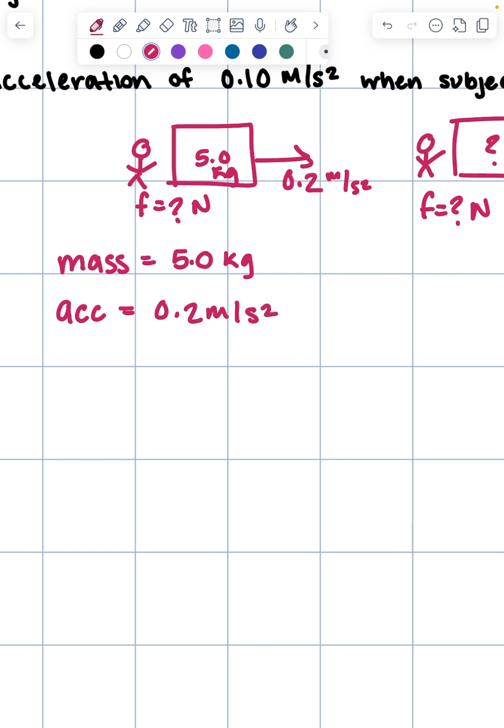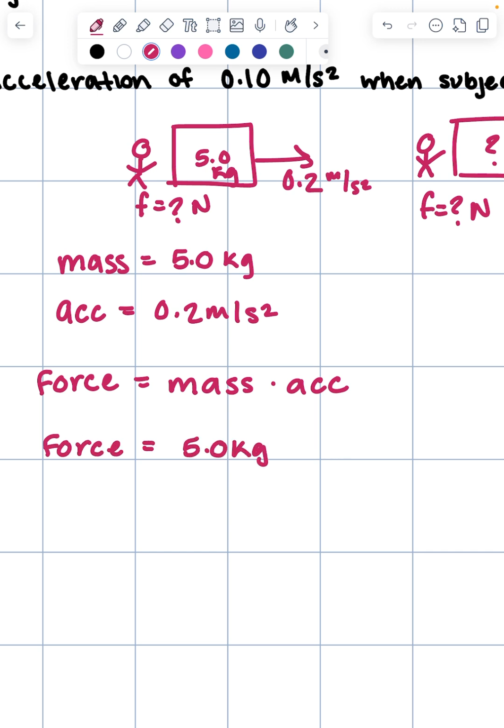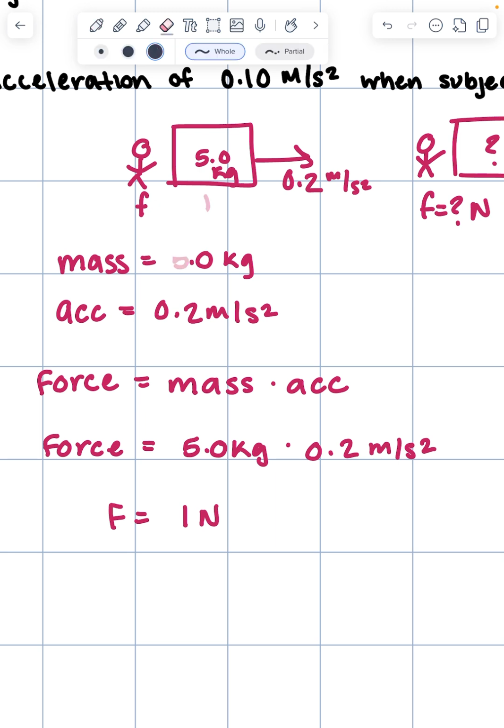So from that we can use the equation force equals mass times acceleration, which would be force equals 5 kilograms times 0.2 meters per second squared. And that should give us 1 Newton. So we can fill that in here.